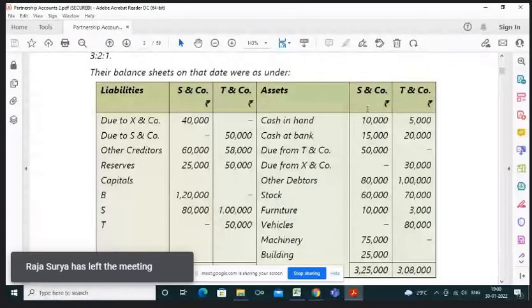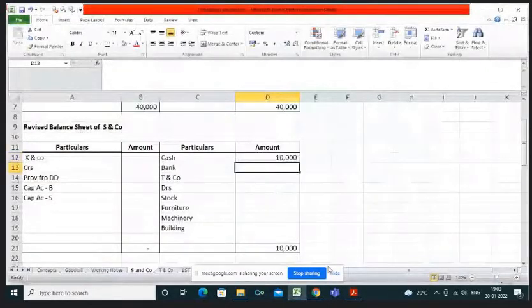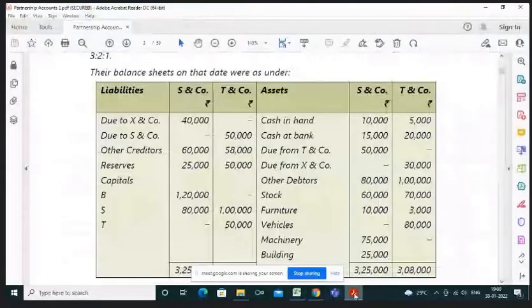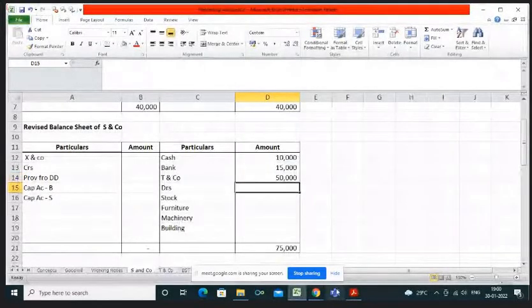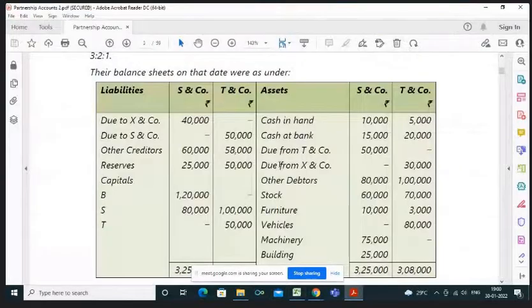S and Co has cash in hand of 10,000, balance at bank 15,000, due from T and Co 50,000.